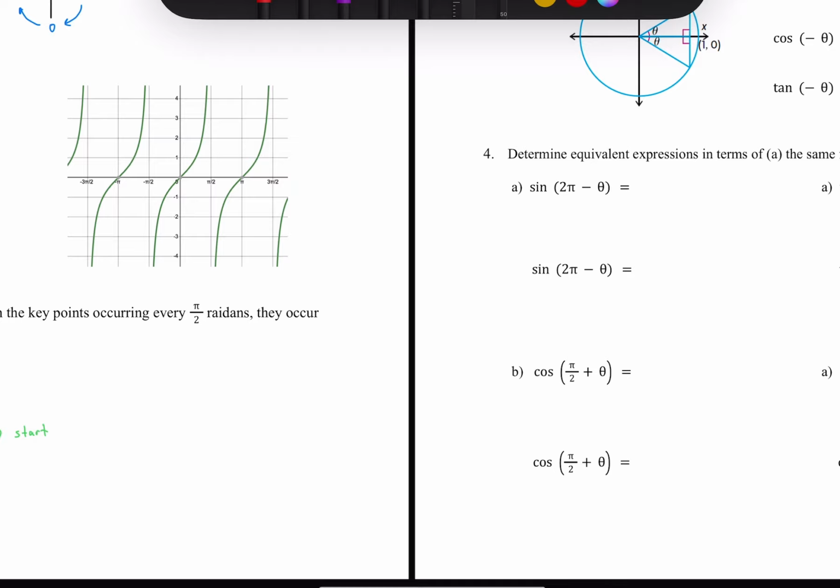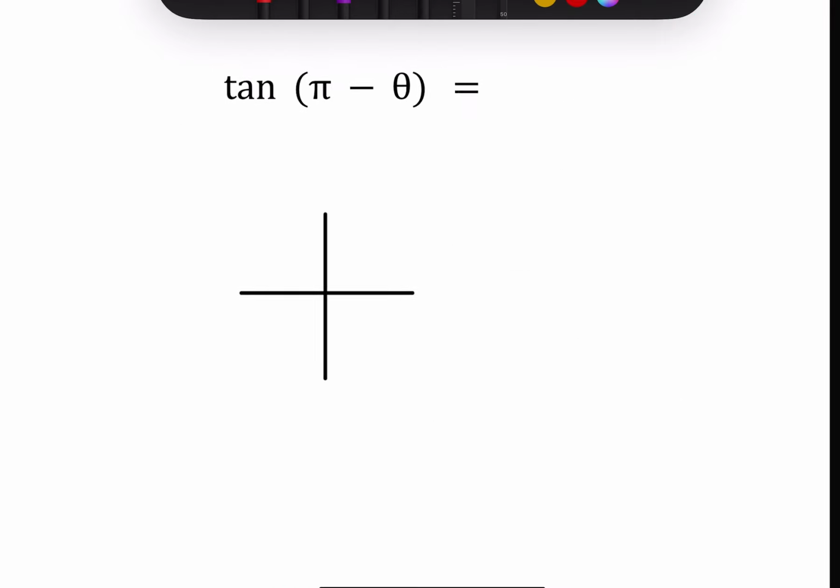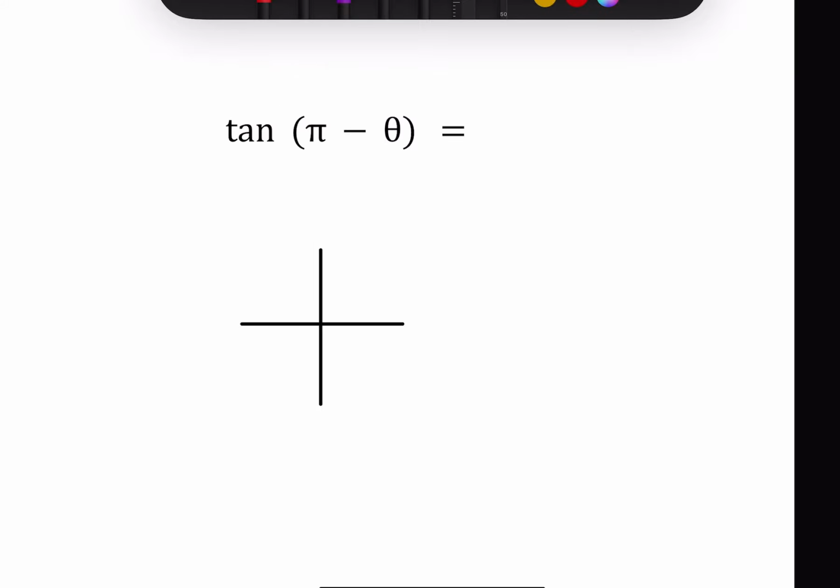So using that, if I do have a tangent, and I won't do all the examples, I'll just try to get this one with a tangent. So this is the same technique. I'm going to take whatever the value is here, and this is where I'm going to start. So I'm going to start at pi, and tangent of pi here was 0. And then I'm going to go in the negative direction.